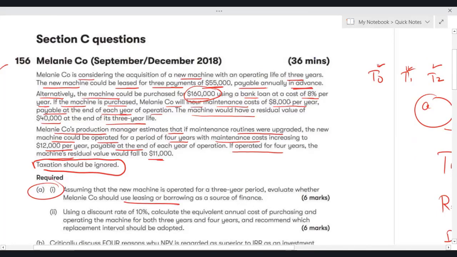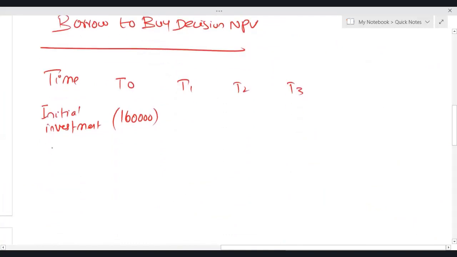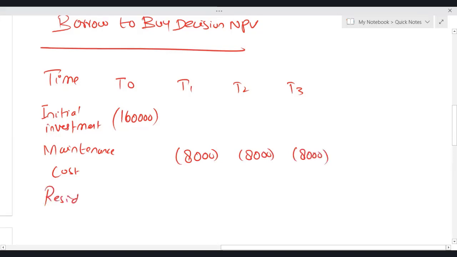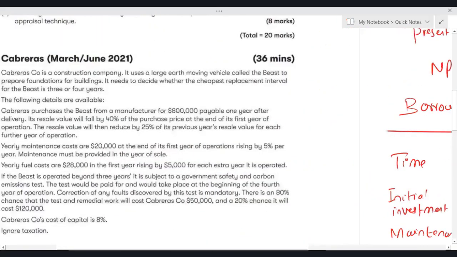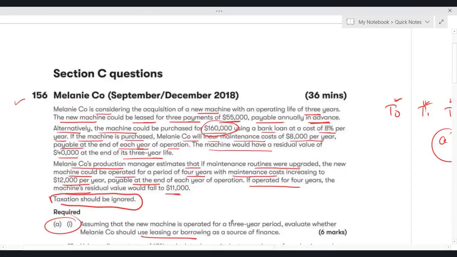Initial investment is 1,60,000. Malini will incur maintenance costs 8,000 per year, payable at the end of each year of operation. That is 8,000. What is the residual value? Residual value is 40,000.